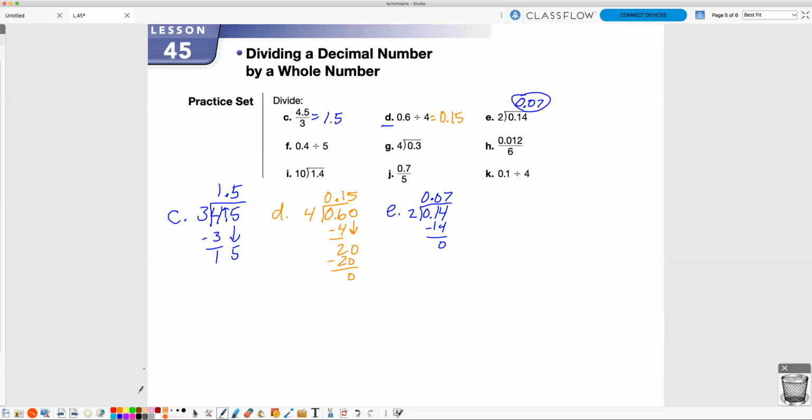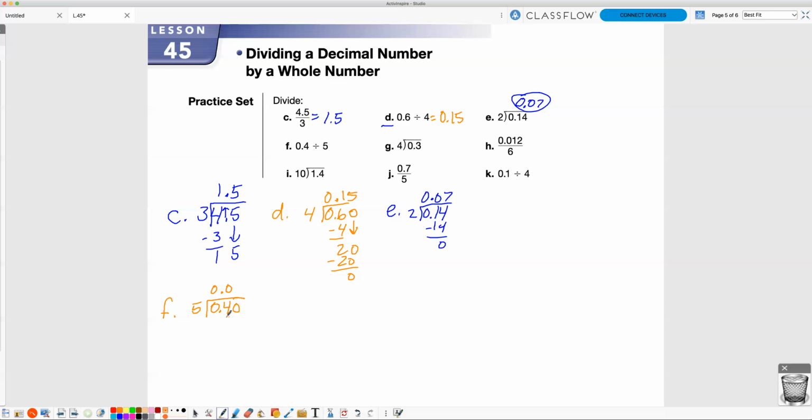Letter F, 4/10 divided by 5. For this one, you'd have 4/10 inside here, that's the dividend, divided by 5. Has to be in that order. 0 divided by 5 would be 0. 4 divided by 5 would also be 0. Decimal would come straight up in the answer. We can't forget that. We have to add another 0 on here so this works.